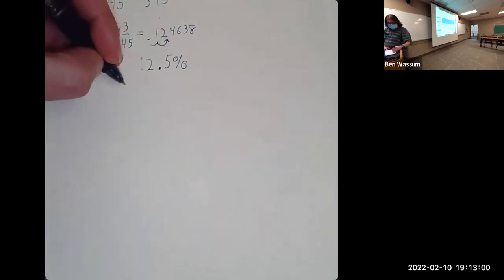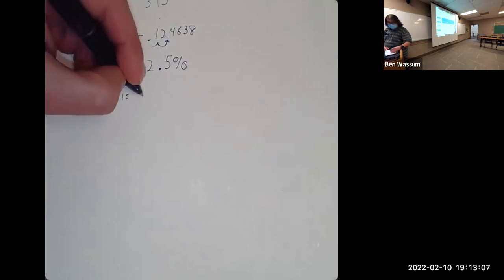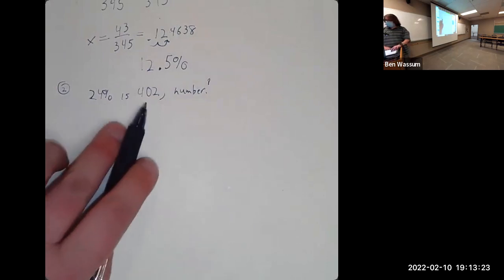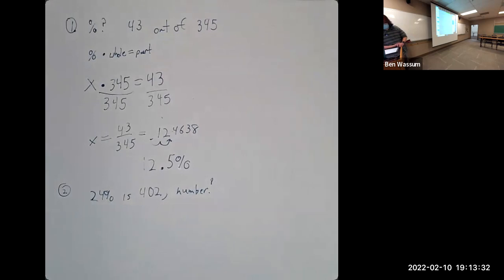So the second one says, if we know that 24% of a number is 402, what is the number? So 24% of some number is 402. What is that number? Well, same thing comes into play. Percentage of the whole is equal to the part.